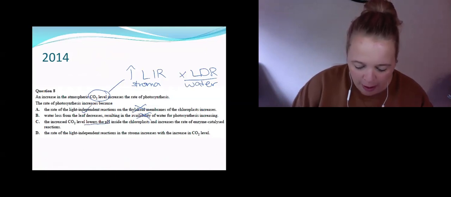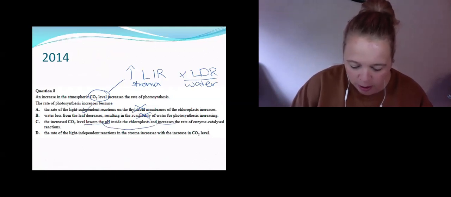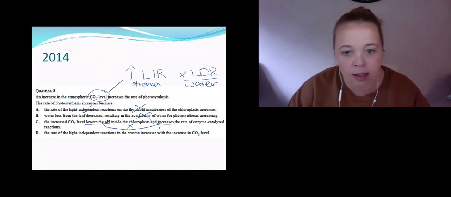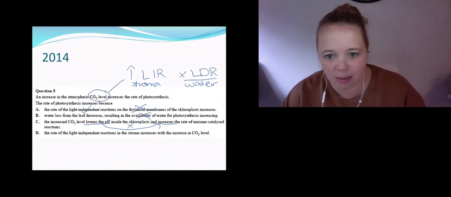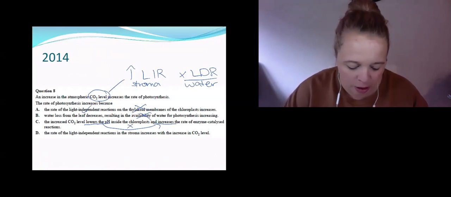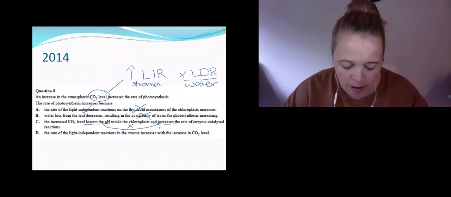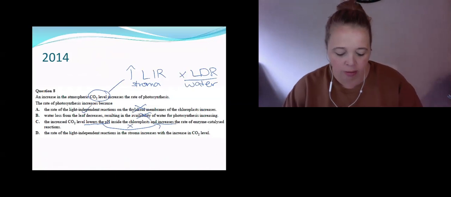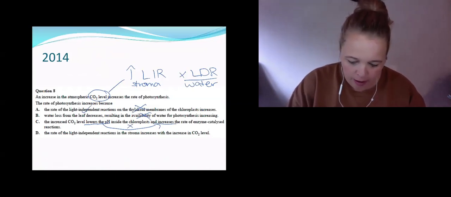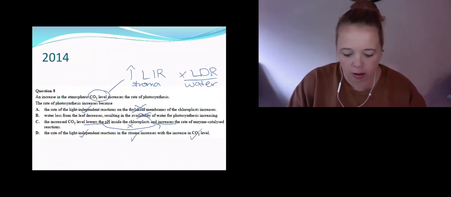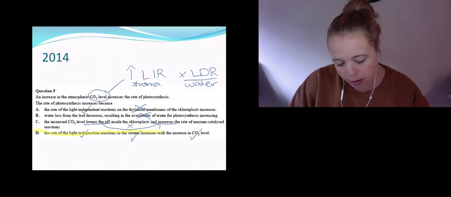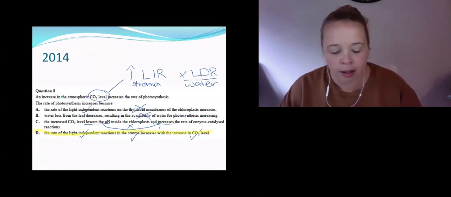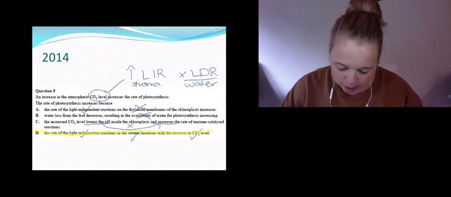If you lower pH, it's more than likely going to decrease your rate of reactions. But also we haven't really learnt anything about CO2 being linked to pH. The last question here, the rate of light independent reactions in the stroma. So light independent in the stroma, so that's right, increases with the increase in CO2 level. So I like to go through each question, tick where it's right, cross out where it's wrong, and then I'm definitely certain on my answers.